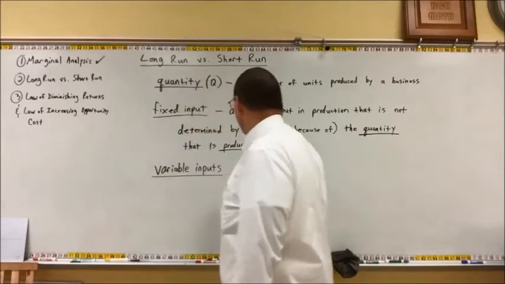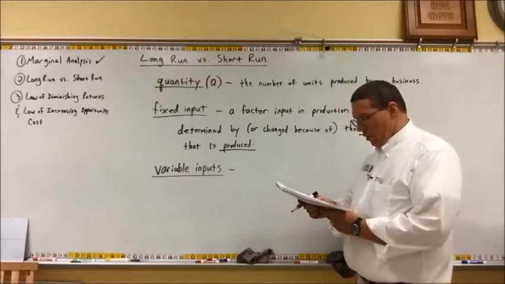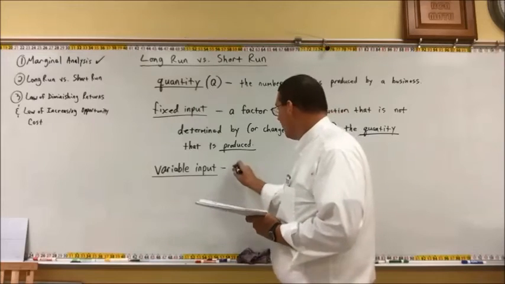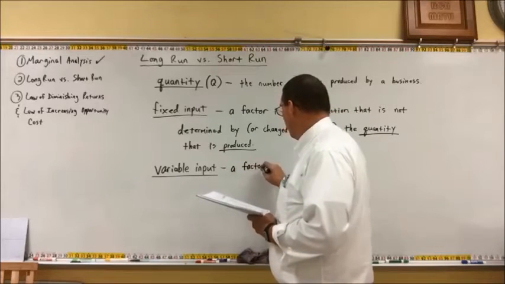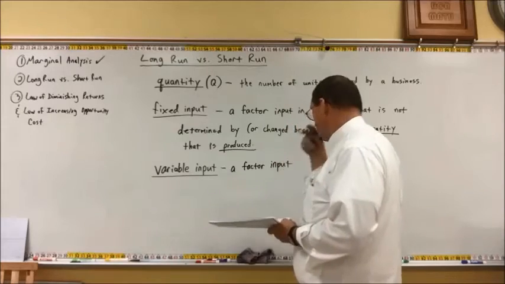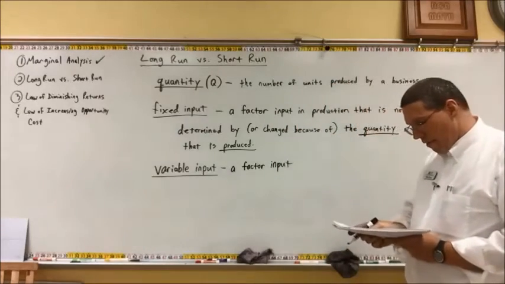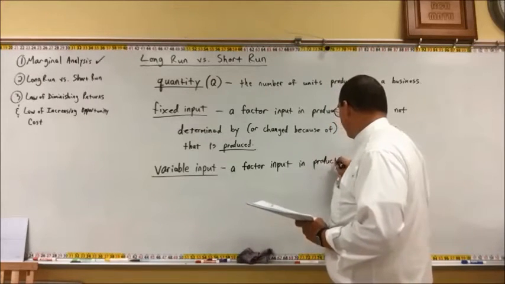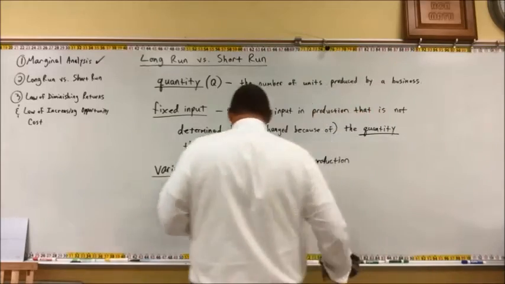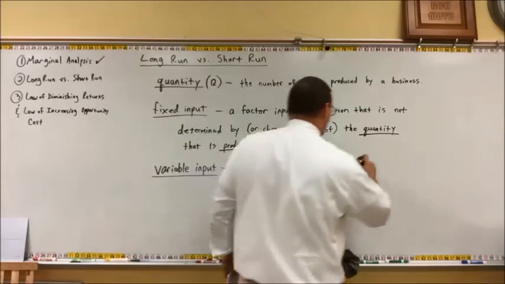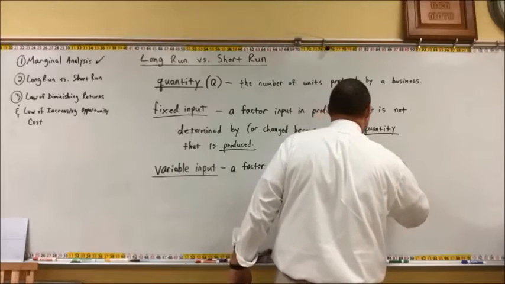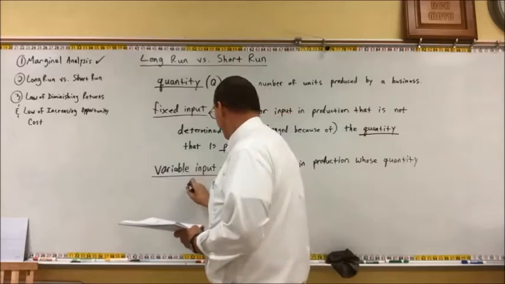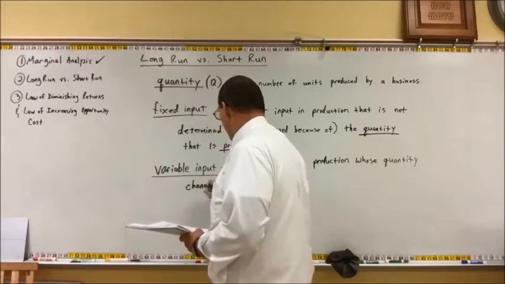A variable input is a factor input. I'm talking about factors of production here: land, labor, and capital. A factor input in production whose quantity changes, meaning it's variable.